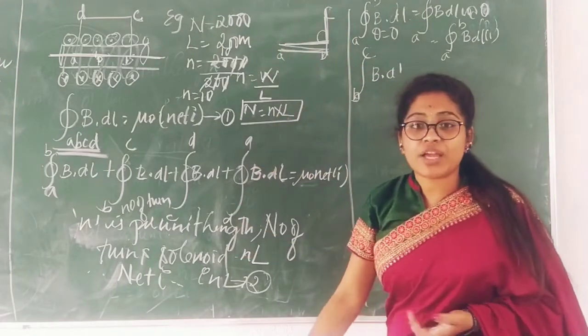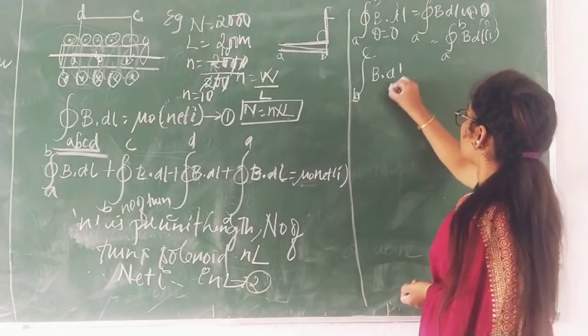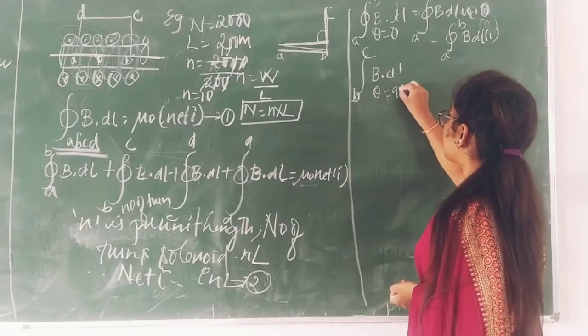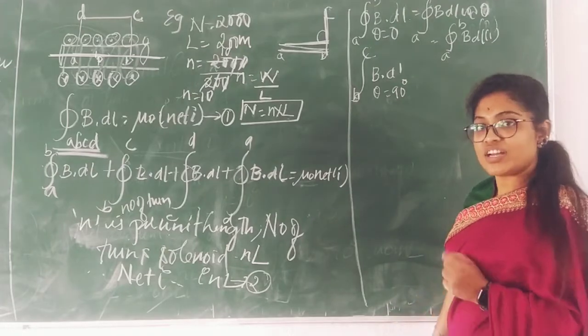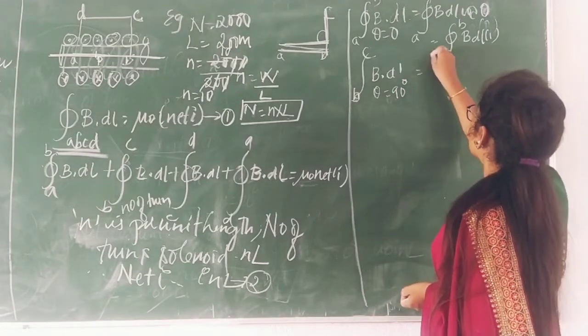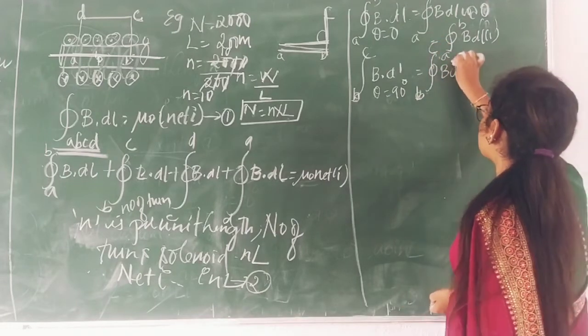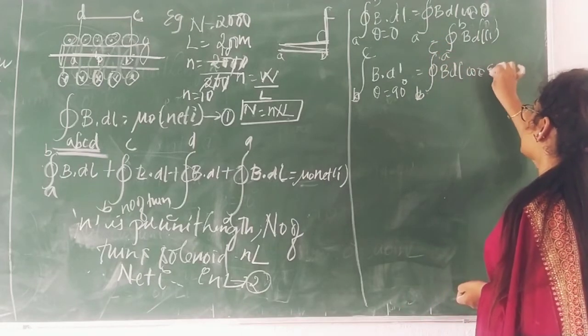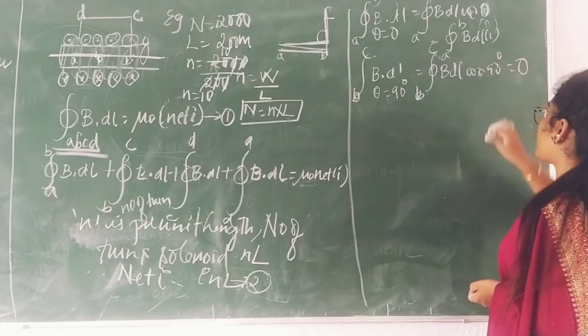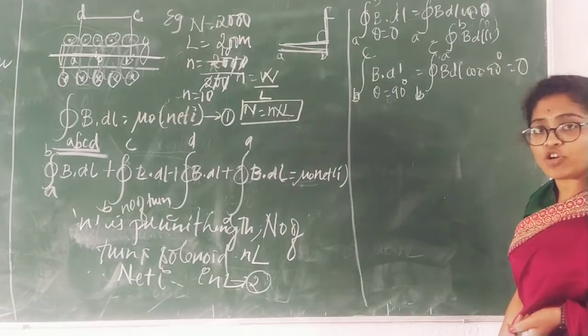What is the angle made? 90 degrees. So, theta is equal to 90. Correct? When theta is equal to 90, what does it become? B to C, B dl cos 90 is 0. Therefore, this term completely becomes 0.